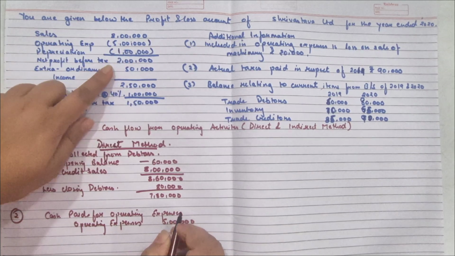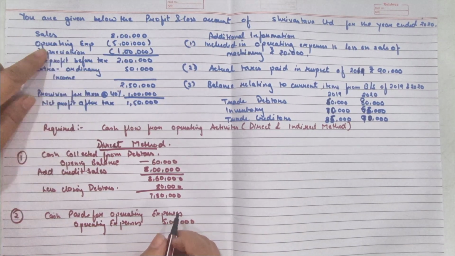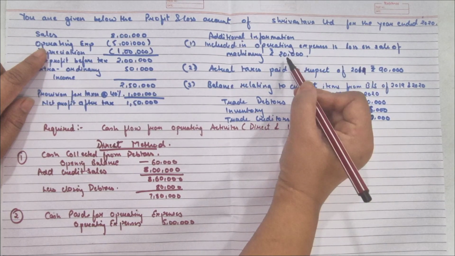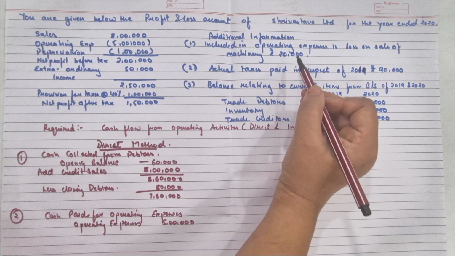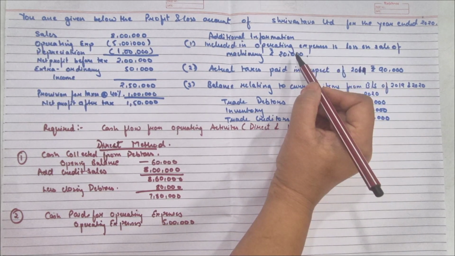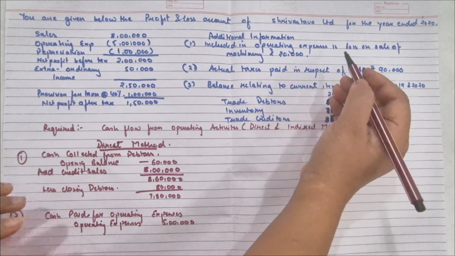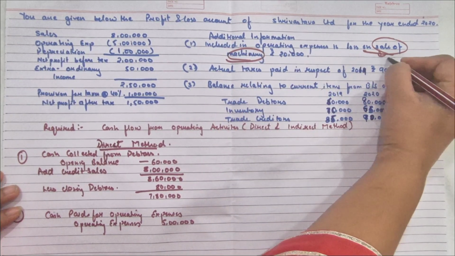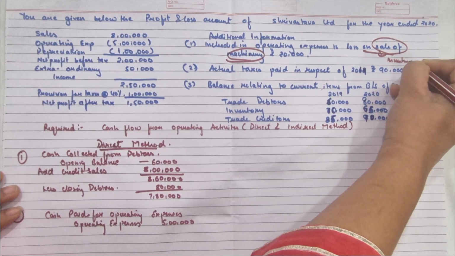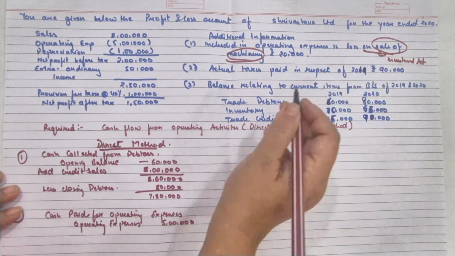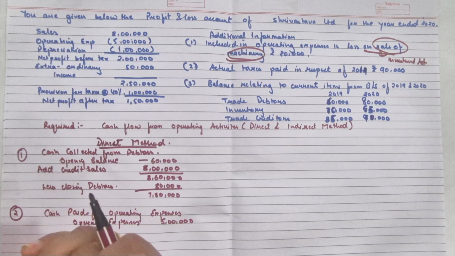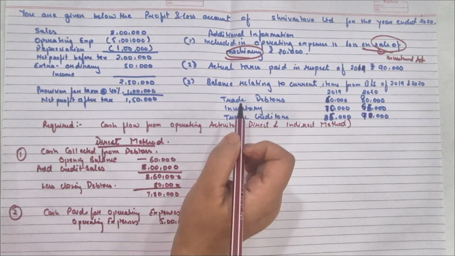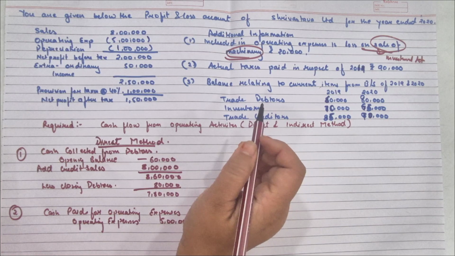In this it is given as additional information that operating expenses include a loss on sale of machinery. If you know this, a loss on sale of machinery is not an operating expense, students. This is an investment activity. You must have purchased some machinery and afterward sold it, so this would come in investment activities, beta, not in operating activities.